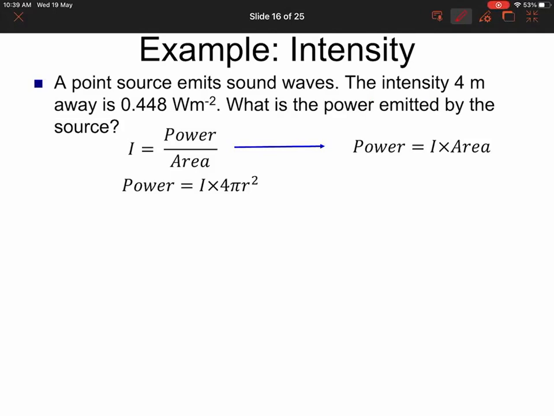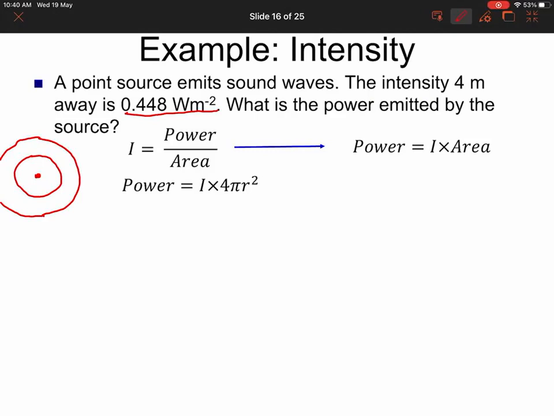The next question is, what is R? Intensity is given, 0.448 watts per meter squared. What is R, which is the radius of the sphere? If this is your point source, and we say that the sound propagates as spheres centered around the point source, then the radius of that sphere will be how far away you're trying to find the intensity for.